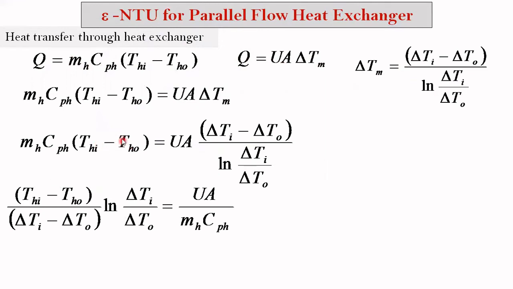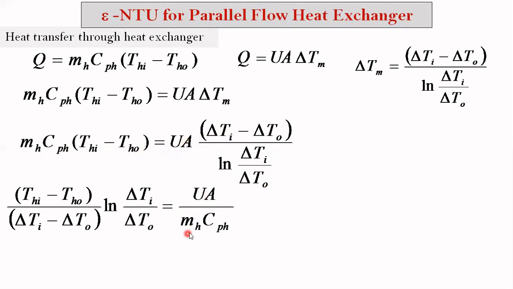Now this THI minus THO, we can bring this UA upon C minimum. So this MH CpH is our C minimum. So we want to write down the NTU equation. So UA upon MH CpH we can write down. The other term we can write down here. So ln delta Ti by delta To we can multiply here, and this delta Ti minus delta To we can write down in the denominator.